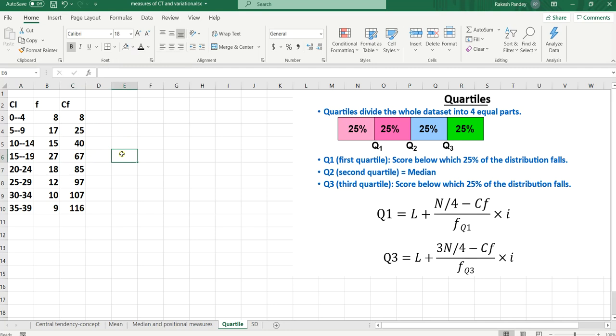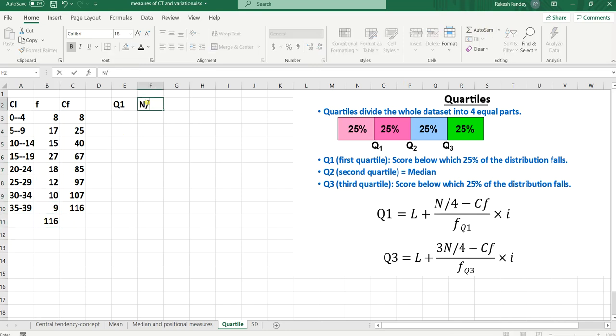Now let us compute the Q1, the first quartile. So for Q1, what will we need? We will need first to compute n by 4. For computing n, we need to sum all the frequencies. So sum all the frequencies, n is 116.